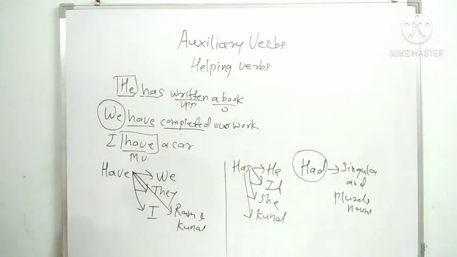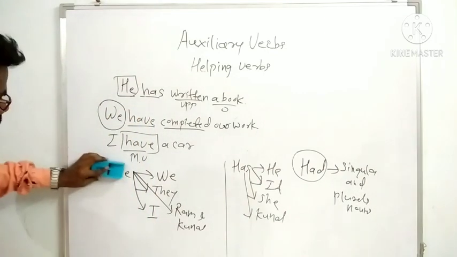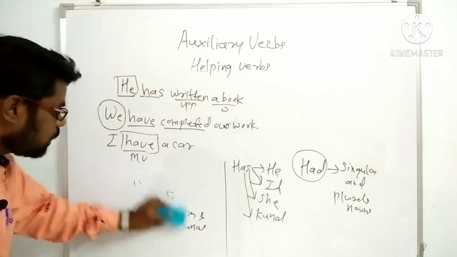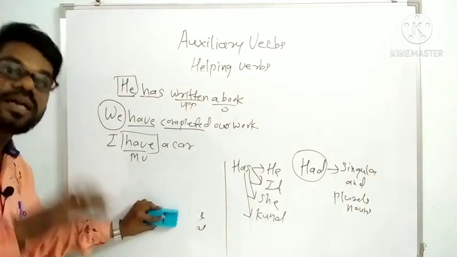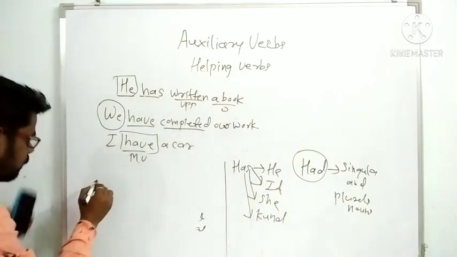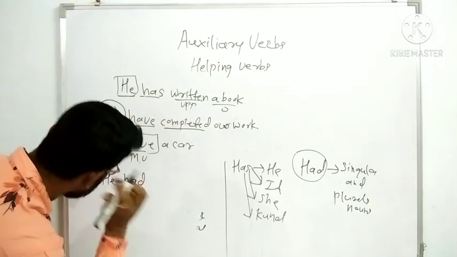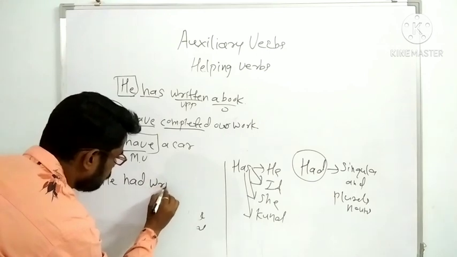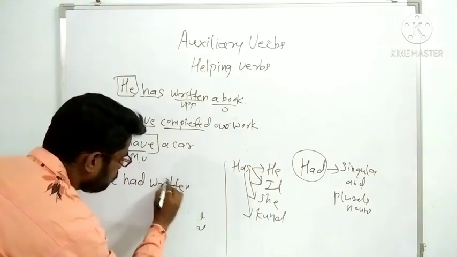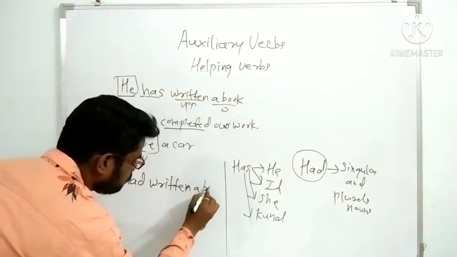Okay, like this. Had also, but like have and has, we don't have a choice while using had. So see, he had written a book.